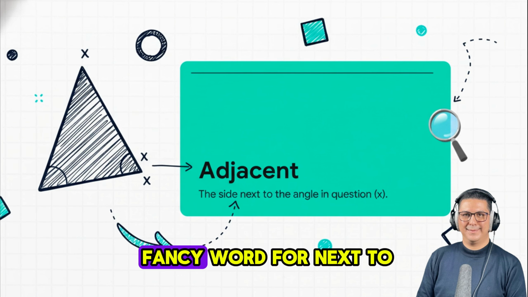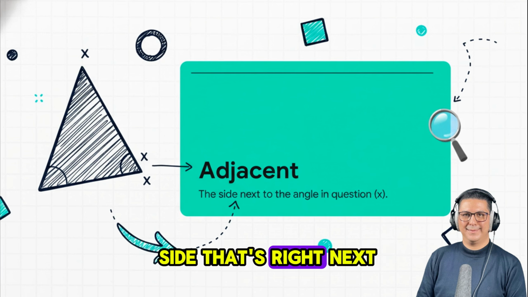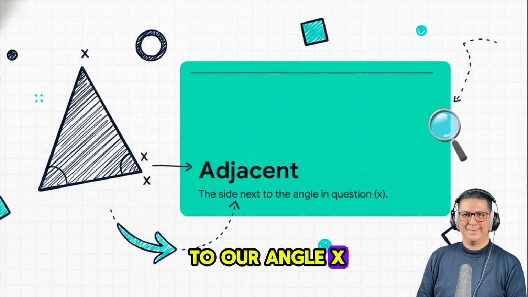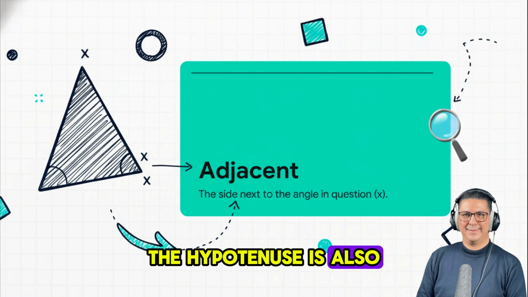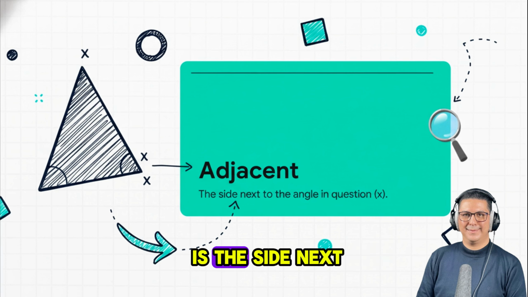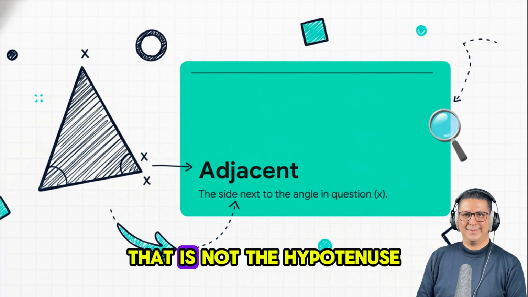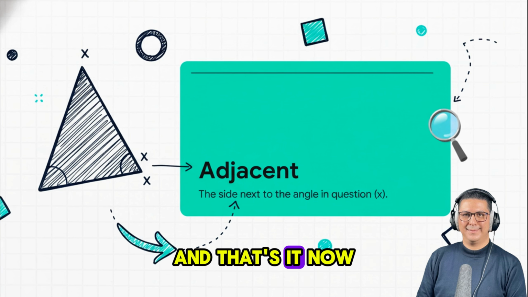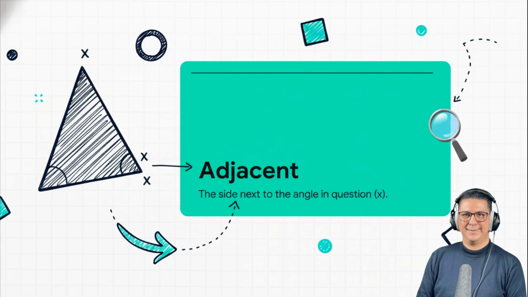Adjacent is just a fancy word for next to. So this is the side that's right next to our angle X. But wait a minute, the hypotenuse is also next to the angle, right? Right. That's why the adjacent is the side next to the angle that is not the hypotenuse. And that's it. Now we know the language.